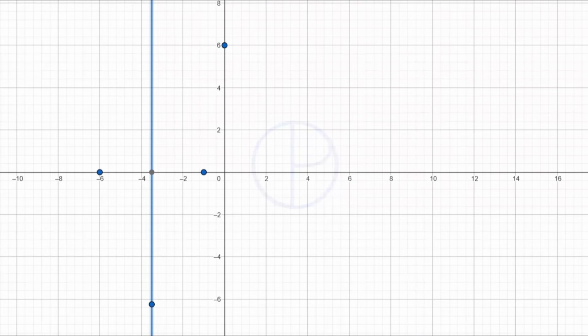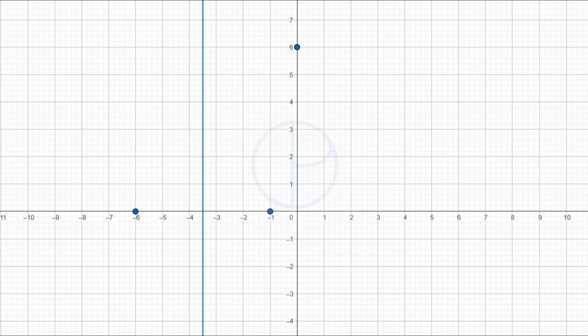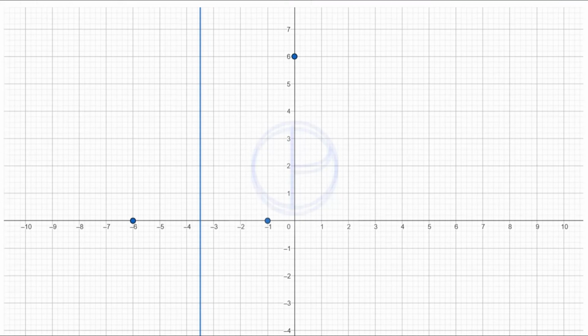Now let's add one more point to draw a perfect graph, a point which is symmetric to the y-intercept (0, 6). The distance between the axis of symmetry and the y-intercept is 3.5 units from the axis of symmetry towards the right side.